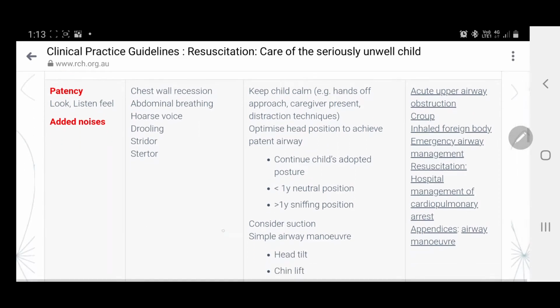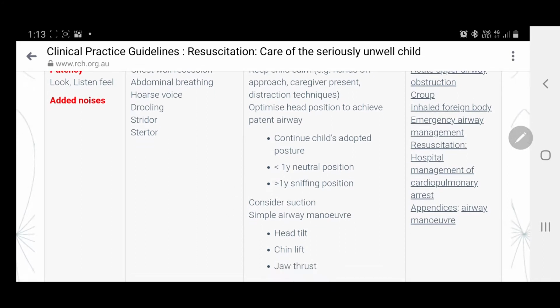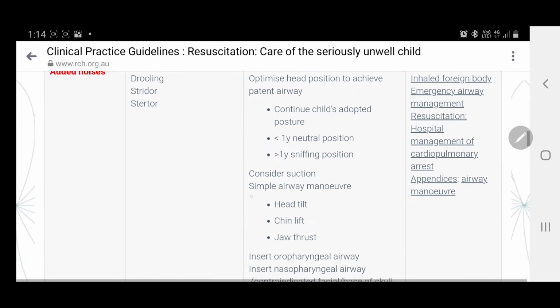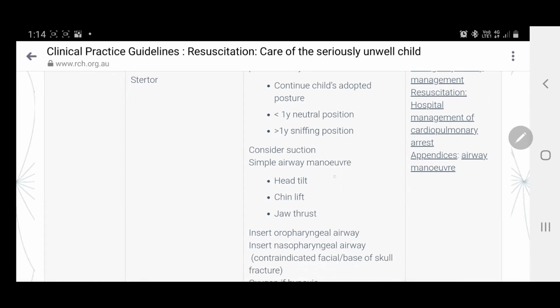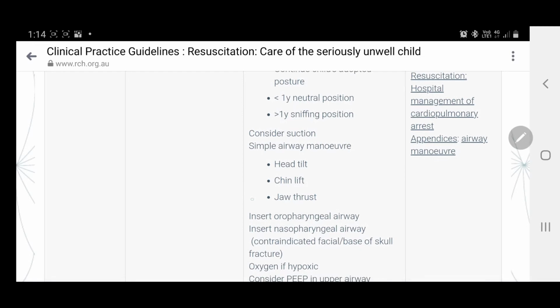We optimize head position to achieve a patent airway. Continue the child's adopted posture if less than 1 year, neutral position if more than 1 year old, or sniffing position. We also consider suction and the simple airway maneuver, which is head tilt, chin lift, and jaw thrust.